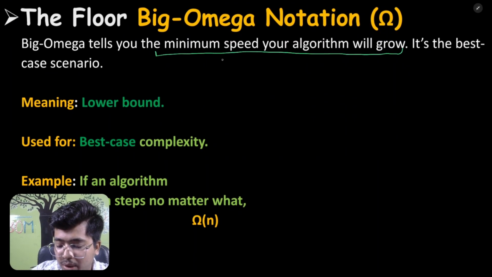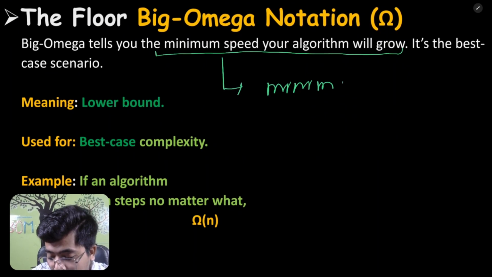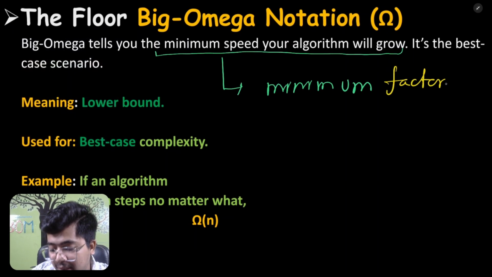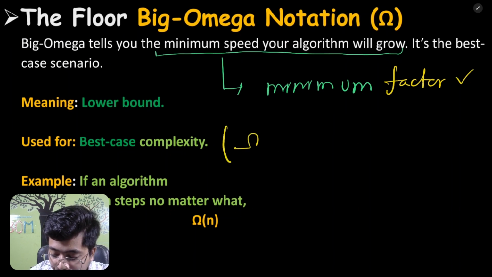If we care about the minimum factor, big omega always represents it. This notation is used for best case complexity. We utilize big omega for representing the best case complexity.